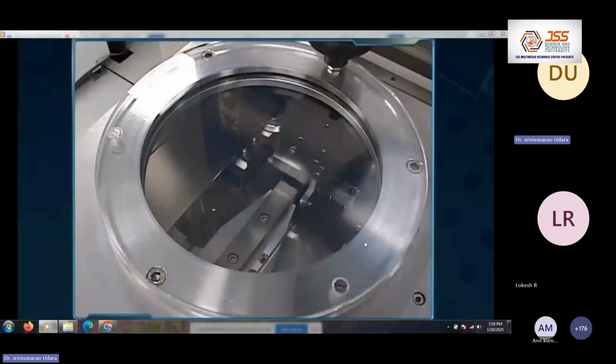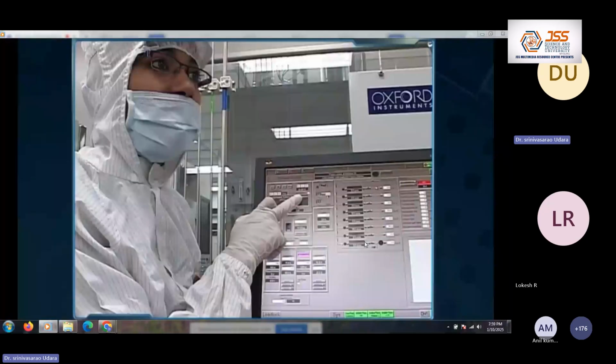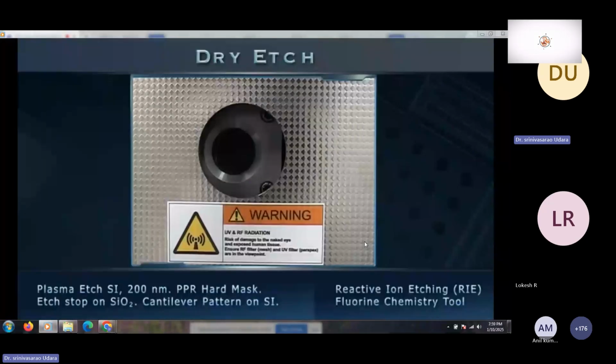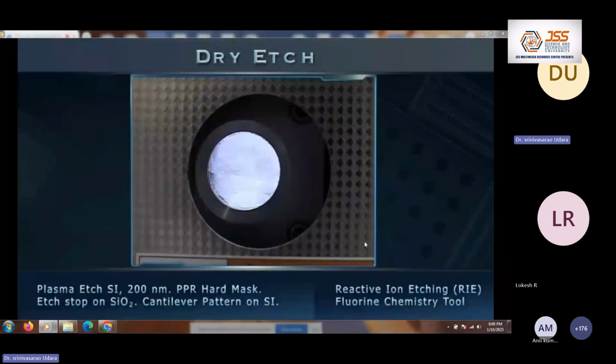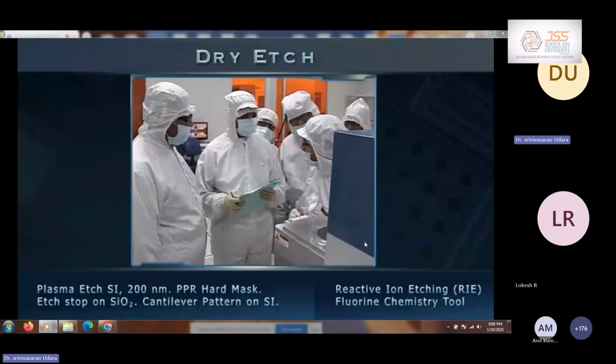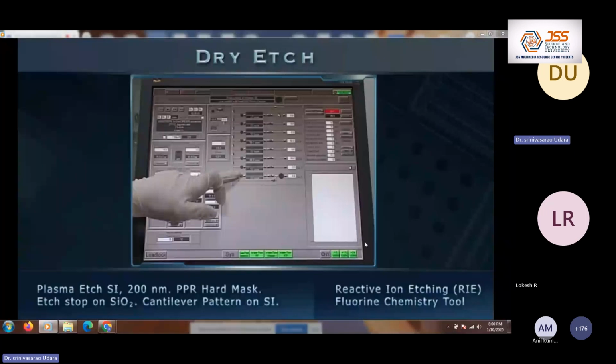Gases start flowing inside the chamber at specified flow rates and temperature. Plasma strikes when appropriate conditions are reached. For our device layer of 200 nanometers, we have specified an etching time of 2 minutes.